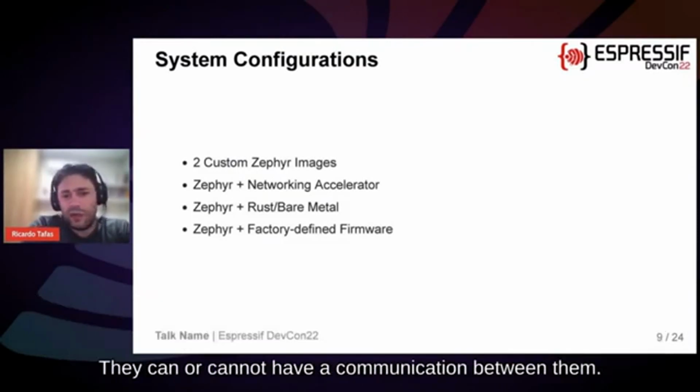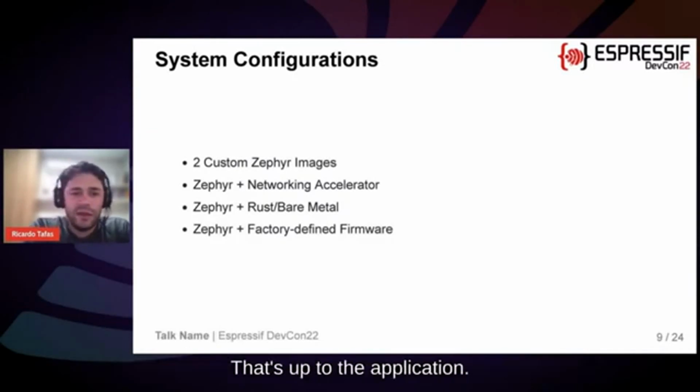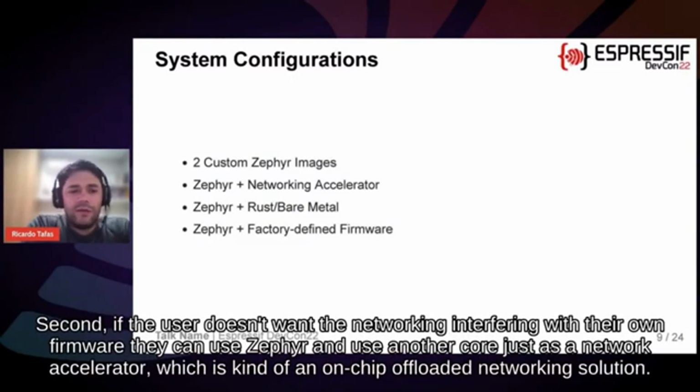They can or cannot have communication between them. That's up to the application. Second, if the user doesn't want the networking interfering with their own firmware, they can use Zephyr and use another core just as a network accelerator, which is kind of an on-chip offloaded networking solution.